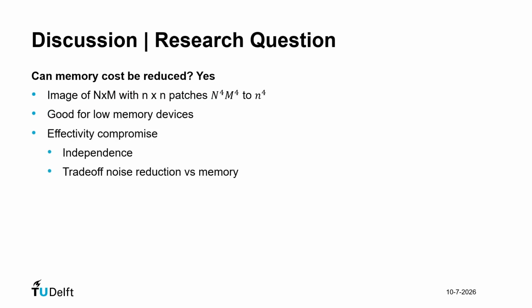And that leads us to the research question. So, can memory cost be reduced? And the answer to that is yes. For images of n by m with small n by n patches, they can go from this big number, which is very variable from image to image and much larger, to simply relying on the dimension of the blocks themselves.